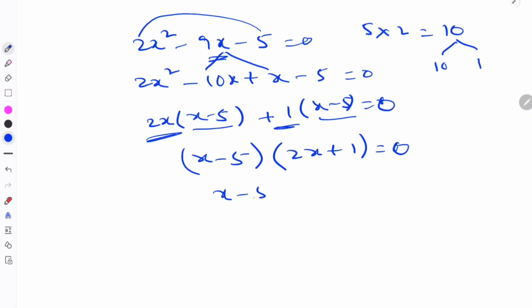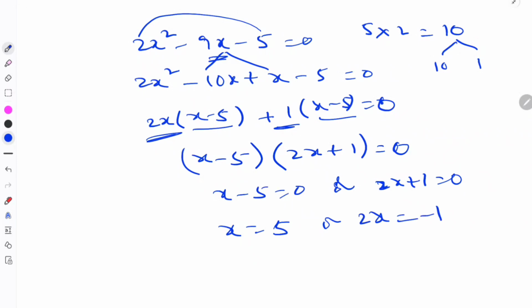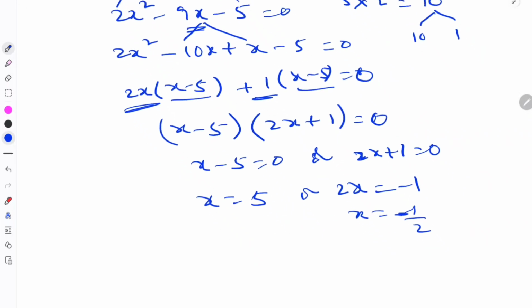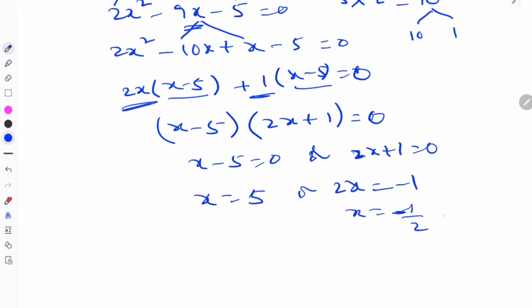That means x minus 5 equal to 0 or 2x plus 1 equal to 0. So x will be equal to 5 or 2x is equal to minus 1, x is equal to minus 1 by 2. Since we need the value of x, length cannot be negative, so the minus value will be ignored. So the value of x is 5.